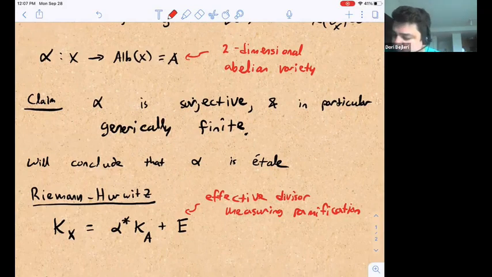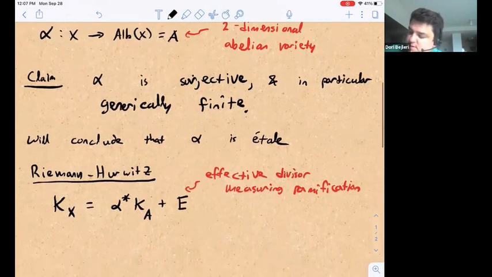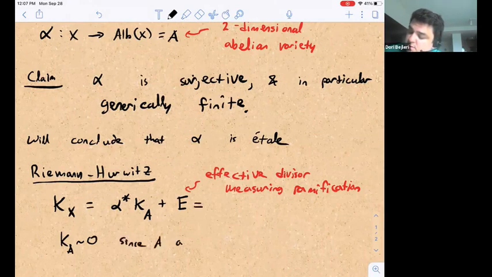Okay, and now we know what the canonical of A is. A is an abelian variety, so the canonical of A is actually trivial. So really, we know that the canonical of X is exactly this E, which is this ramification divisor.